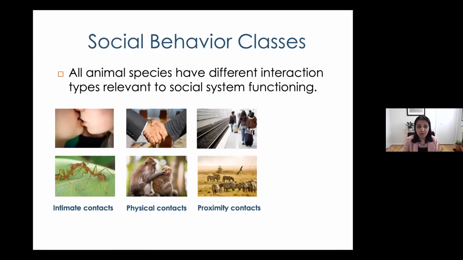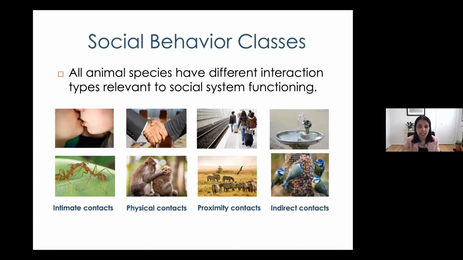You might just have proximity contacts where they just come from sharing space and don't necessarily require even weak social bonds. And finally, you might have indirect contacts that again come from shared space use or shared resource use, like shared food sources or shared water sources, where those contacts don't even have to happen synchronously.